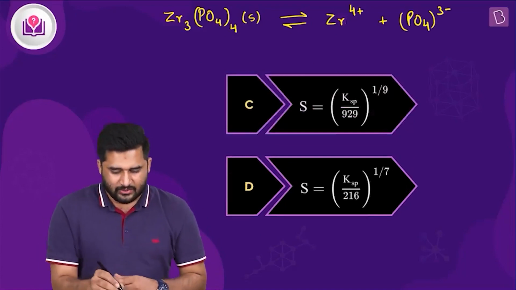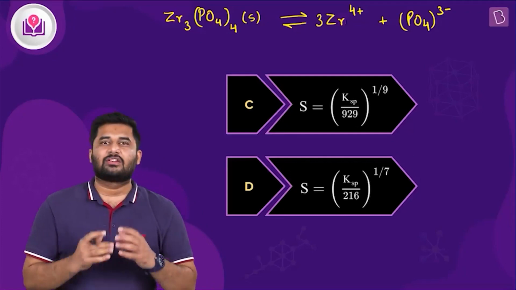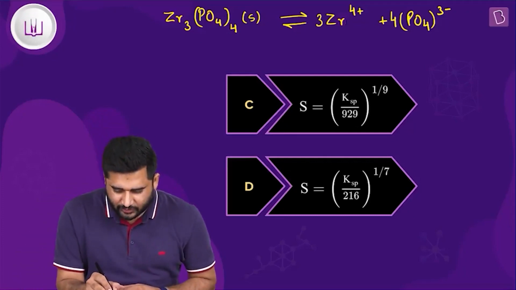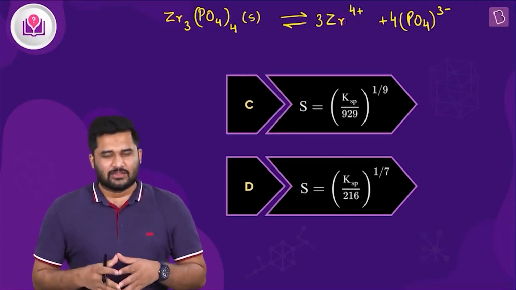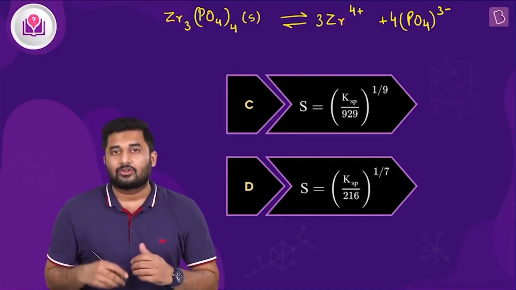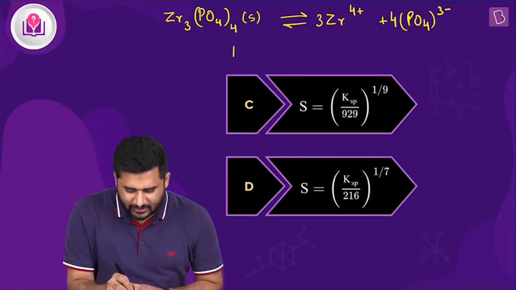All right, and now you can see we will get 3 such zirconium ions and 4 such phosphate ions. Clear?